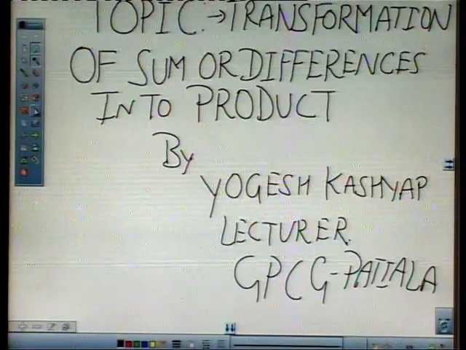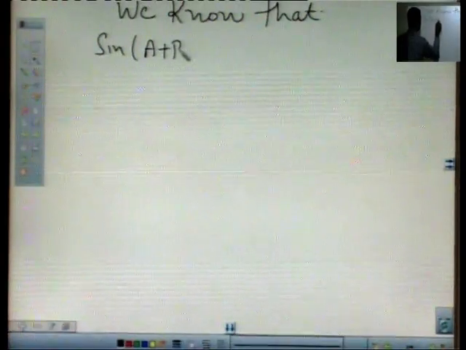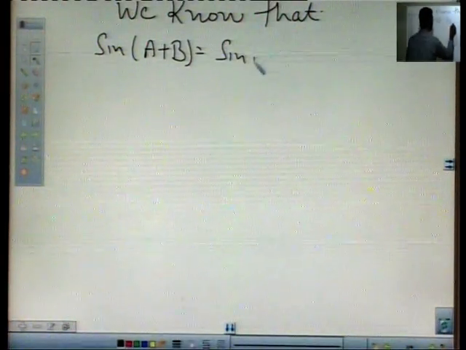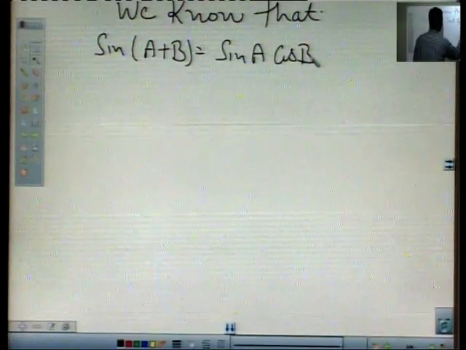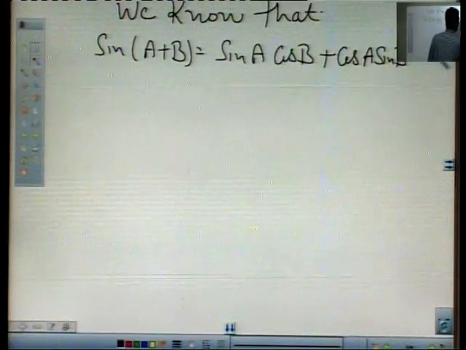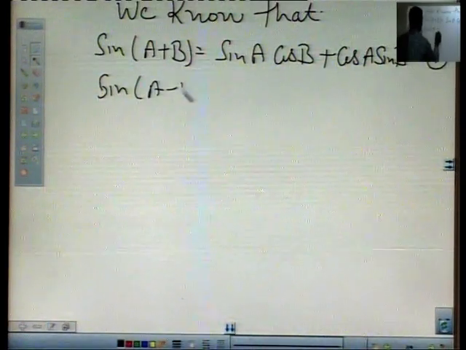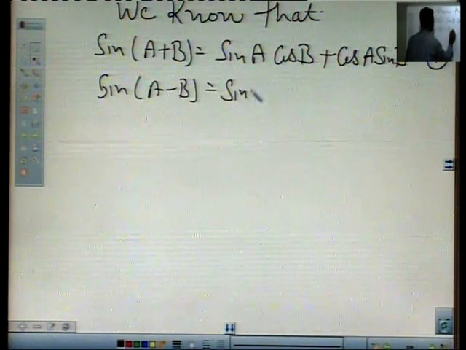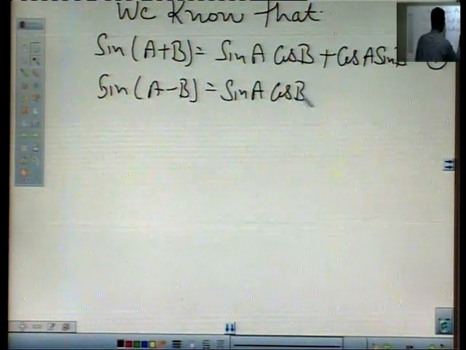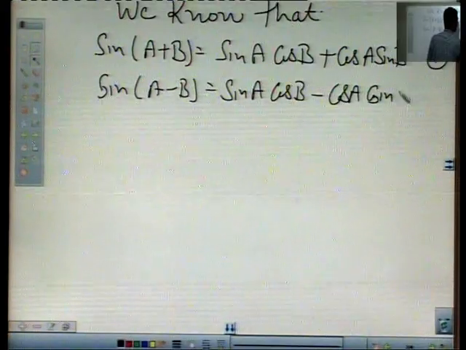We know that sine of A plus B is sine of A cos of B plus cos of A sine of B, and sine of A minus B is sine of A cos of B minus cos of A sine of B.